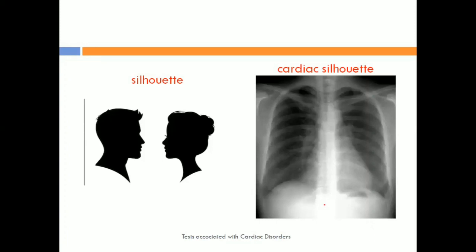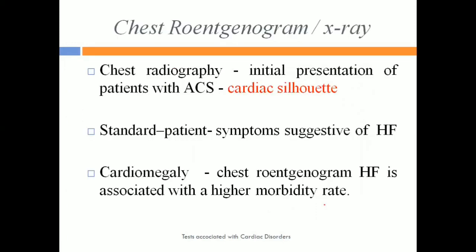So that is a cardiac silhouette, and this is what a silhouette generally looks like, right? A chest radiograph is a standard procedure for a patient with heart failure. If a person has heart failure, one of the standard things you can do for preliminary analysis is a chest X-ray or chest radiograph.